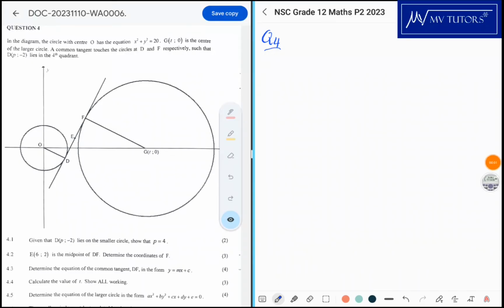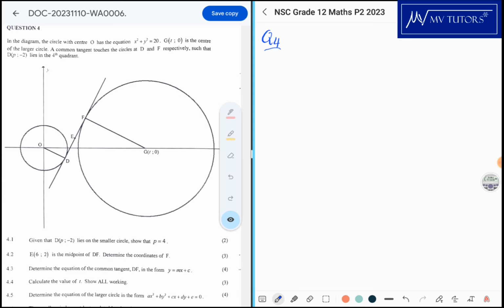Righty, let's tackle question 4. So it says in the diagram, the circle with center O has the equation x squared plus y squared is equal to 20. Then I know that OD, which is the radius, will be root 20. And then we have G, which is the center of the larger circle.